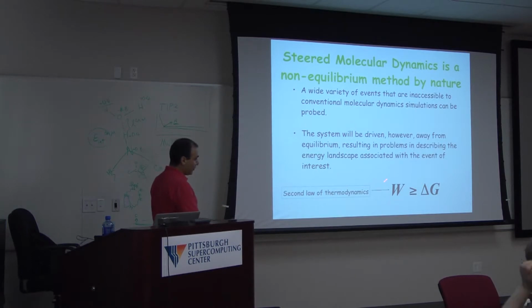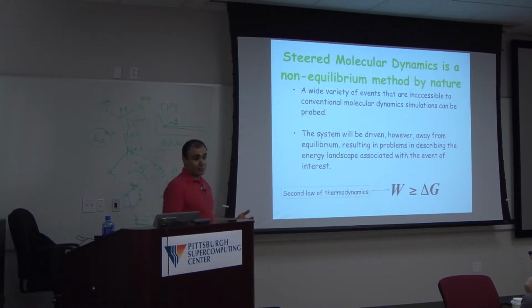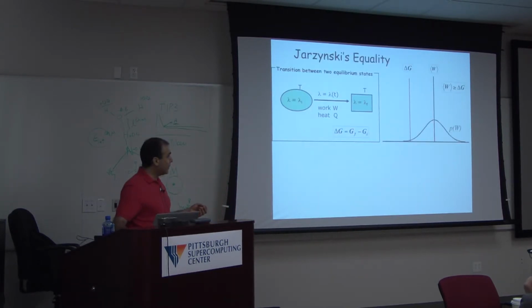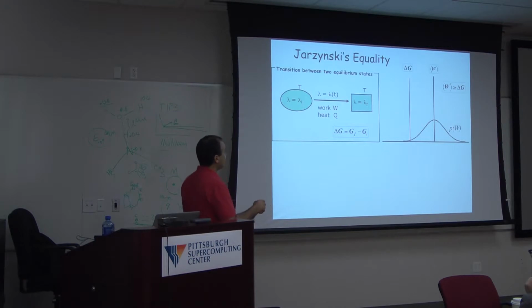And then we know from thermodynamics that in the macroscopic world, this work is going to be always larger or equal to the free energy difference, which is the thermodynamic property you are actually interested in. So this we know from the second law of thermodynamics, but then there is an interesting relationship.